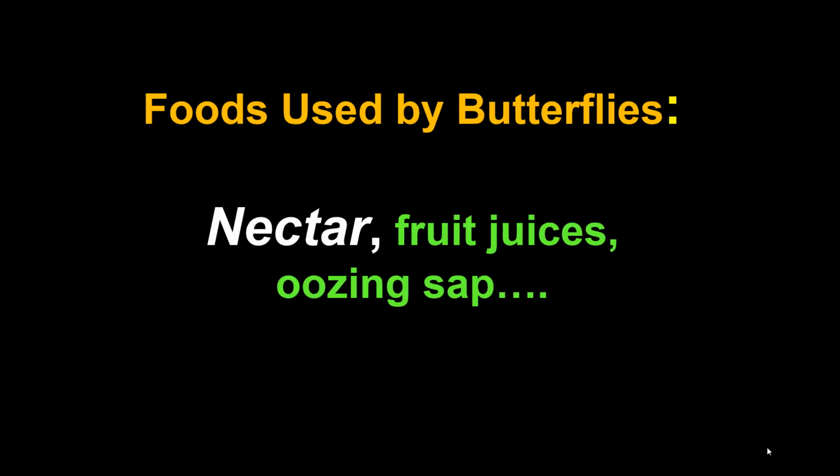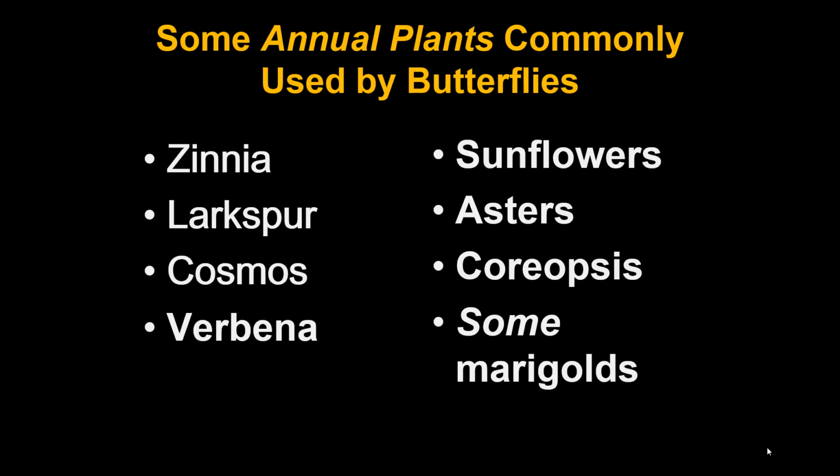Anyway, so the obvious thing is the food needs of the butterflies. What do butterflies feed on? Well, nectar. We see them at flowers, but they also feed on some other things. But nectar. And there are certain kinds of plants that are visited heavily by butterflies and others that are not. And they're usually a fairly large flower, not always, but they have a lot of nectar and it is accessible for them.